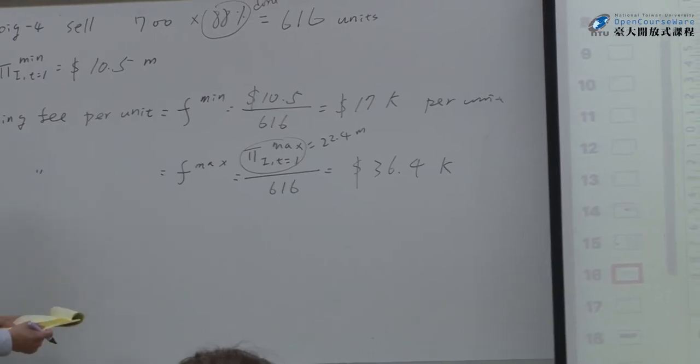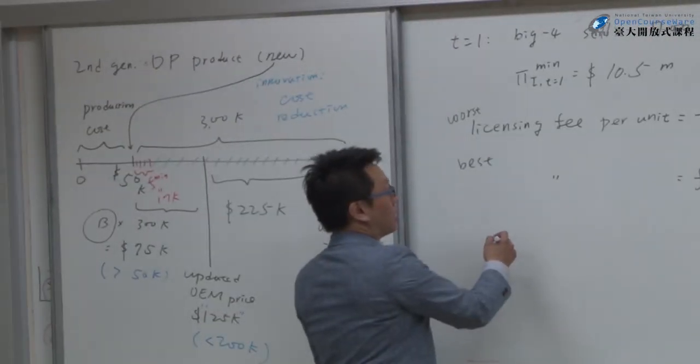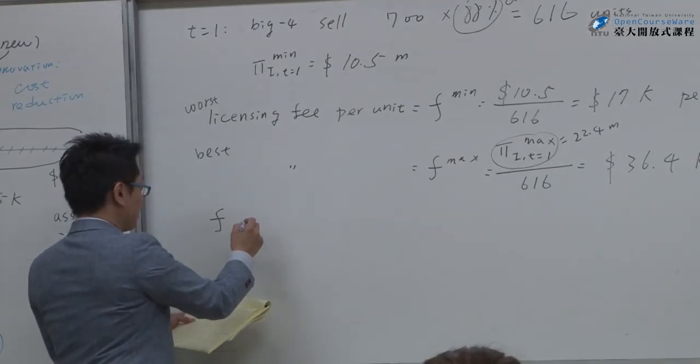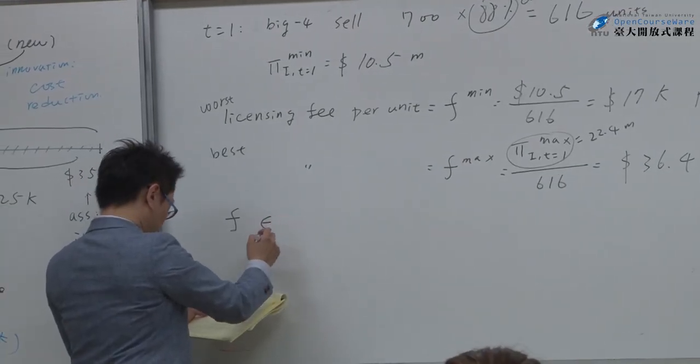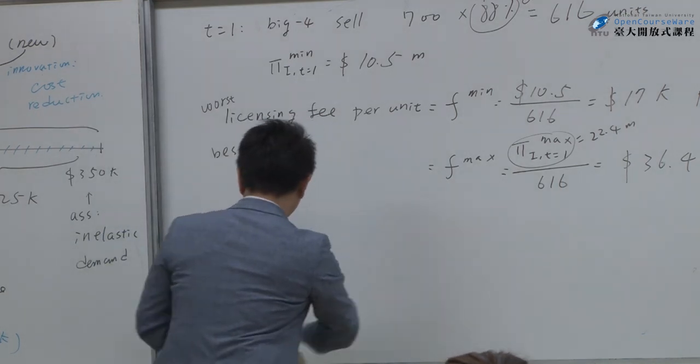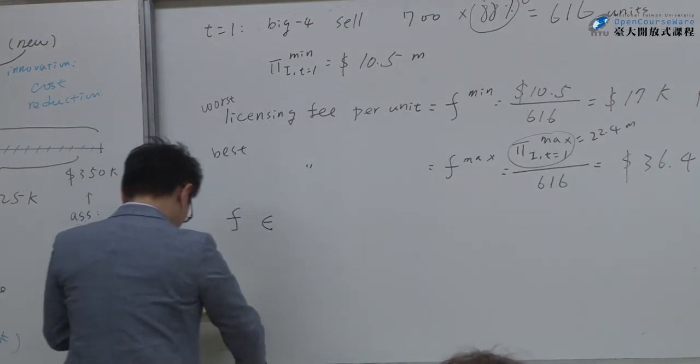Okay. So now I already know the final licensing fee. I don't say year one, I just put F here.